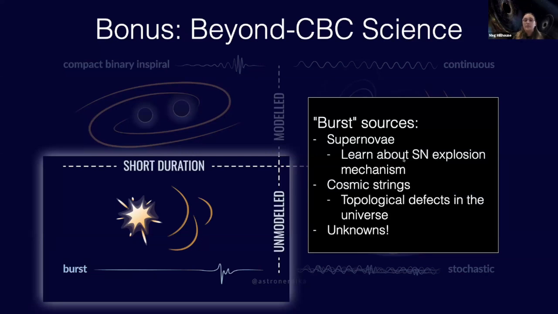First, we have core collapse supernovae, those things that form black holes and neutron stars. We could detect gravitational waves from them, and from that, we could learn about the supernova explosion mechanism. There are maybe these things called cosmic strings, which are topological defects in the universe. And of course, something completely unknown. This is a new way of looking at the universe. It would be great to find something new and surprising.